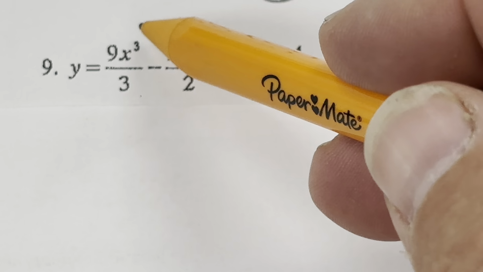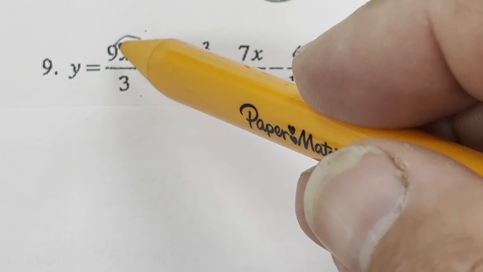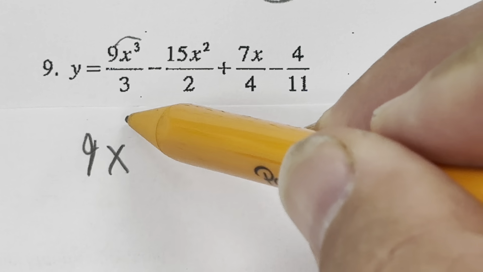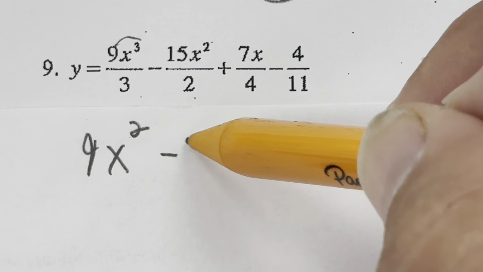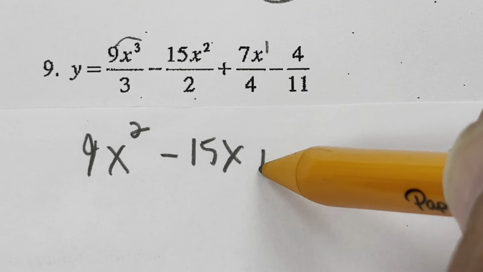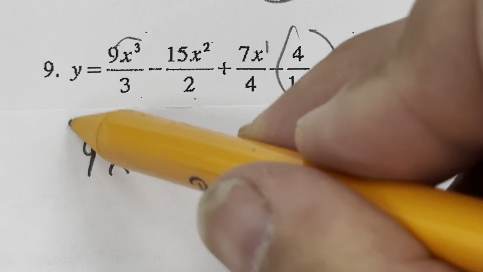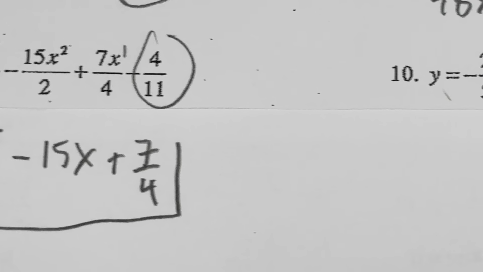So when I take this derivative and multiply that by 9/3, so 3 times 9 is 27 divided by 3 is 9x squared. 2 times 15 divided by 2 is negative 15x. And then 1 times 7/4 is plus 7/4. And the derivative of negative 4/11 is 0. So 9x squared minus 15x plus 7/4.